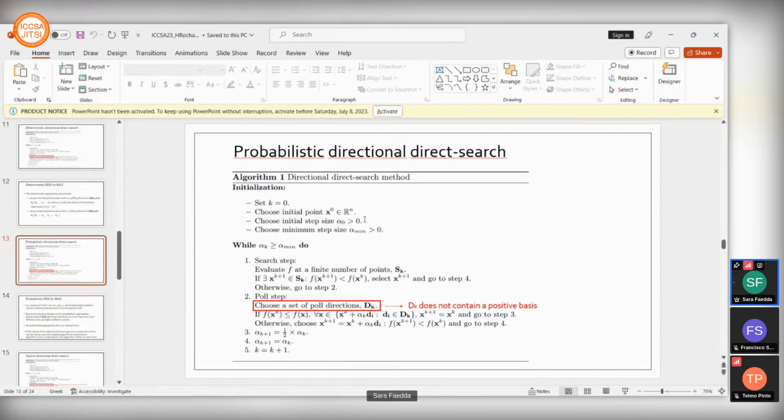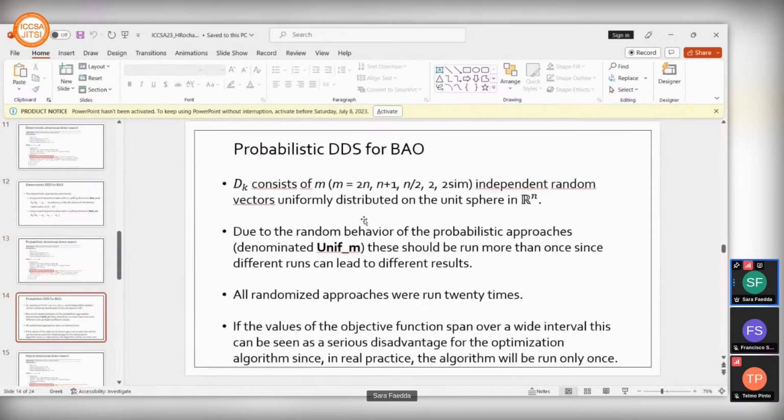And this is based on what was proposed in the best paper award. So we will test 2n random directions, n+1 directions, n divided by 2, 2, and 2 symmetric. 2 symmetric is one random direction and its opposite. And why? Because they say it's good. So we are following their ideas.